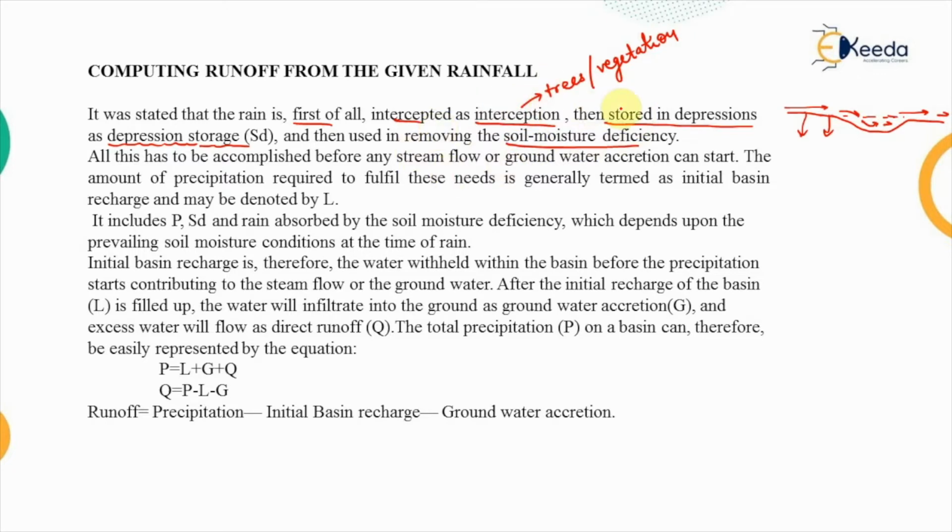Now, after completing all these parameters, the rest of the water will be flowing as the stream flow, or the rest of the water may flow as the groundwater accretion.